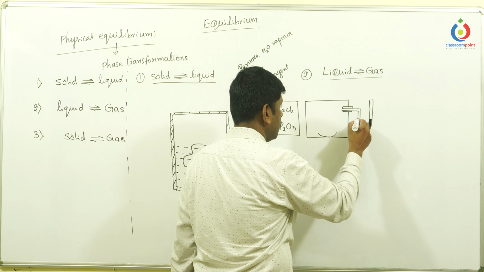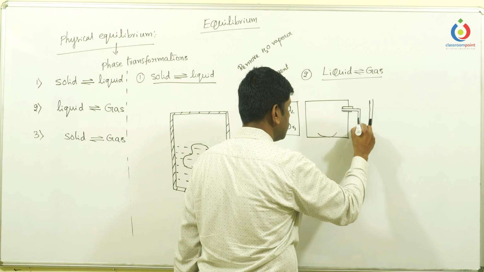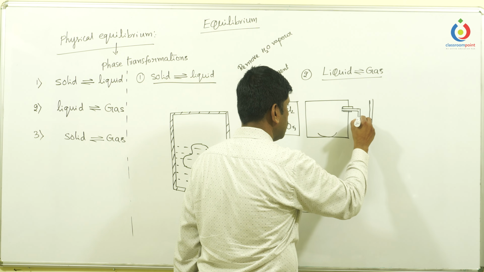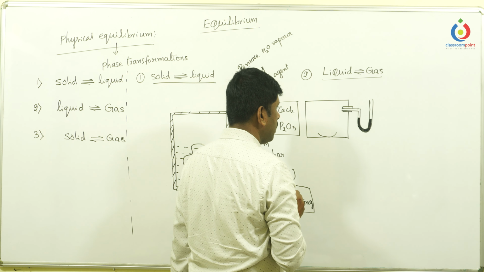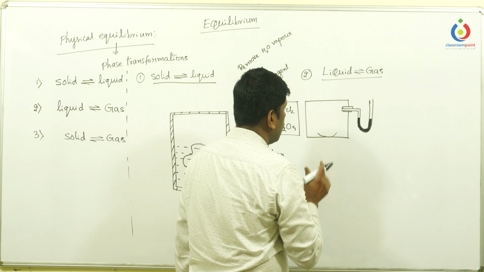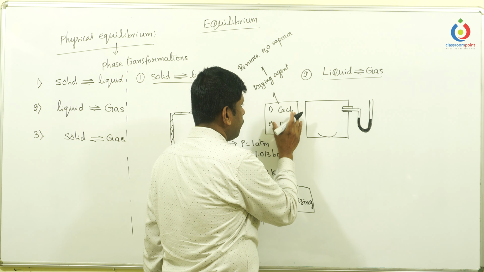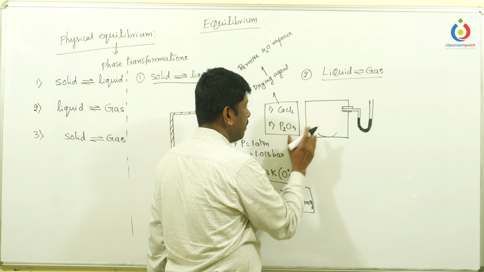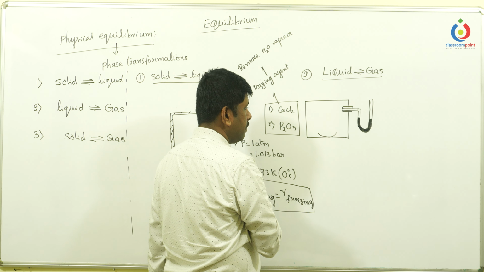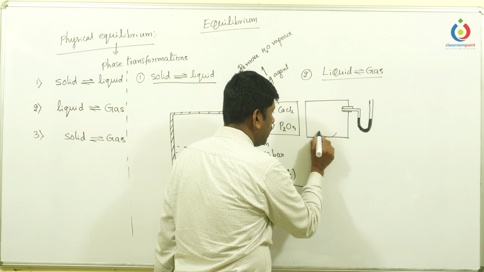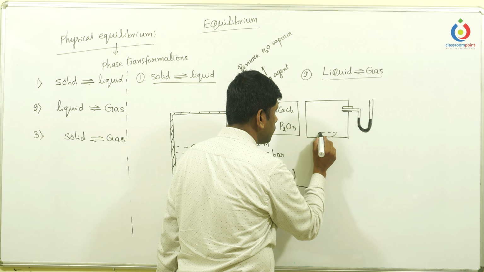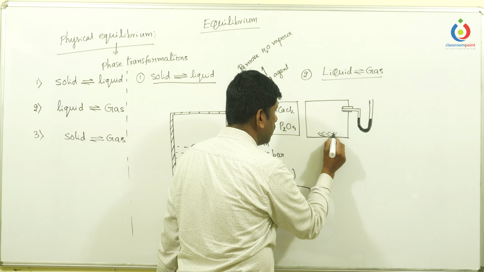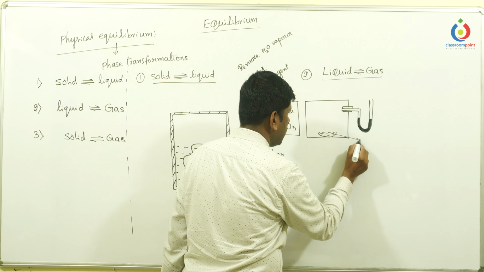Imagine, so the mercury level is like this. Both are in equilibrium stage. Afterwards, carefully removing this calcium chloride and phosphorus pentoxide from the reaction vessel, then you try to place water, or any other liquid. In this case, I am taking the water.